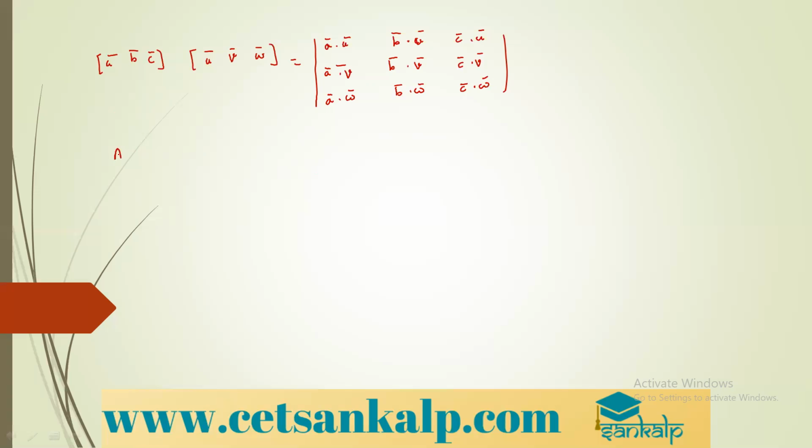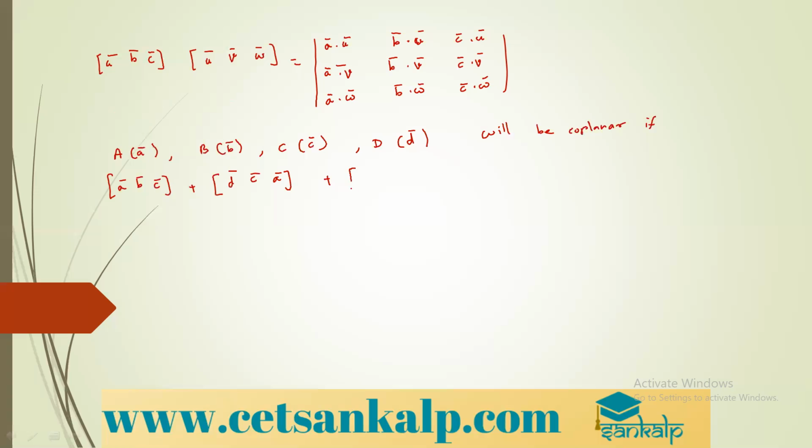Now, if there are 4 points A with position vector a, B with position vector b, C with position vector c, D with position vector d, they will be coplanar if box dbc plus box dca plus box dab is equal to box abc.